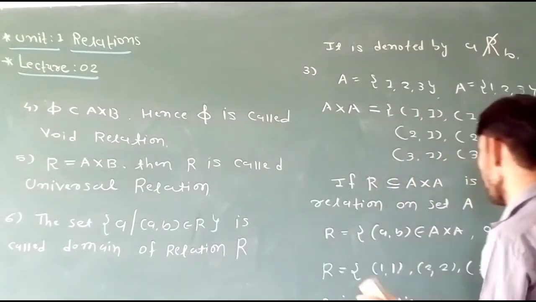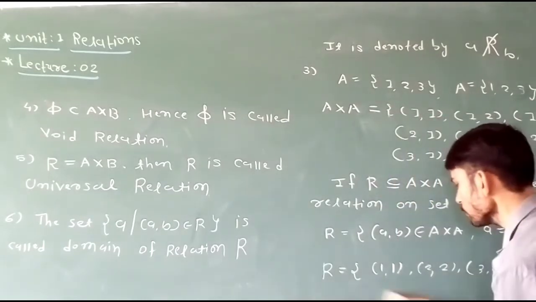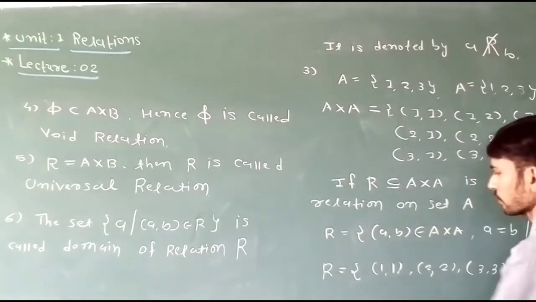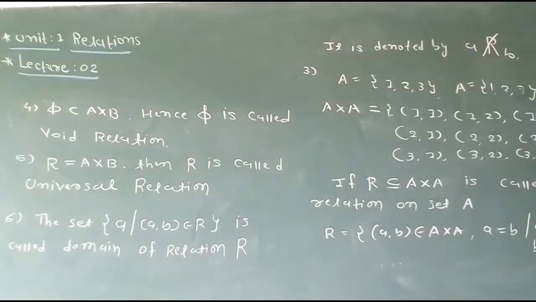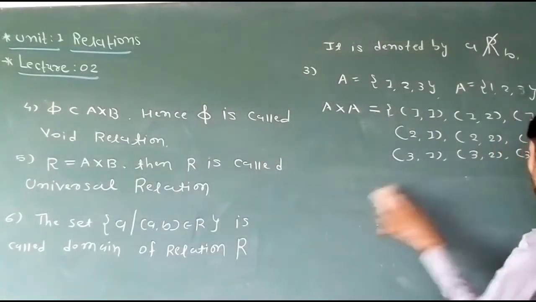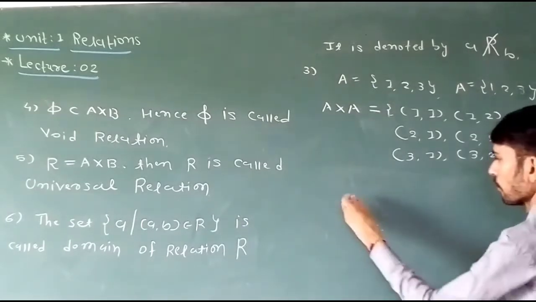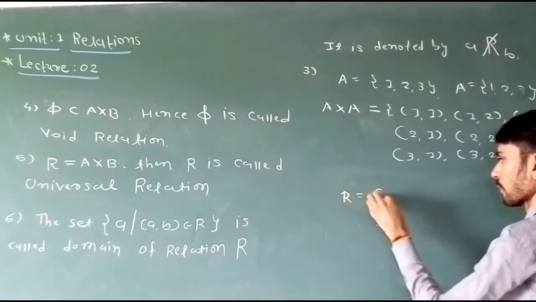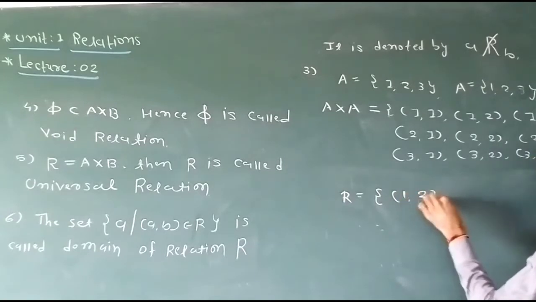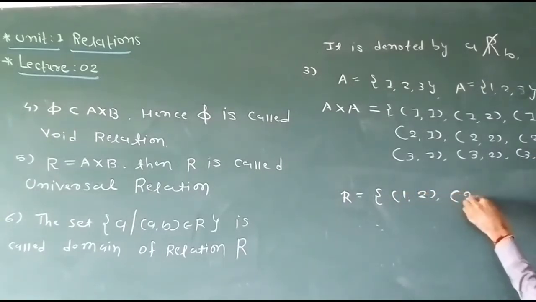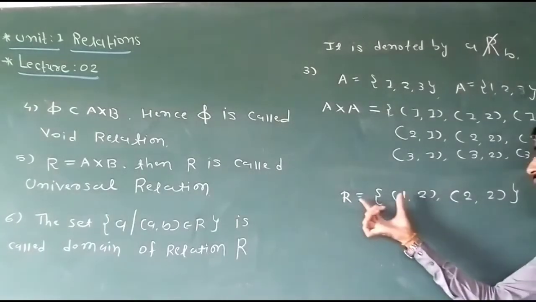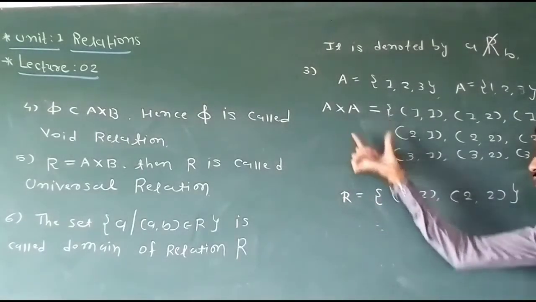Now look at this example. Here we consider one relation R is equal to {(1, 2), (2, 2)}. Now see this relation, R is a subset of Cartesian product A cross B, so R is a relation.